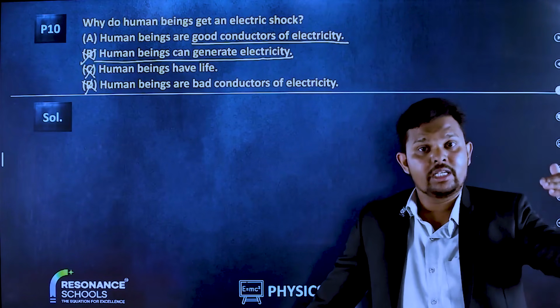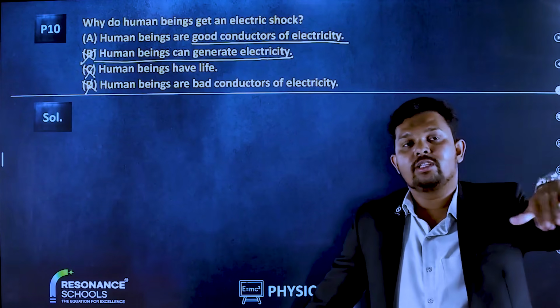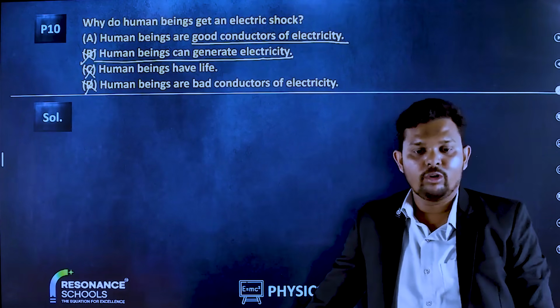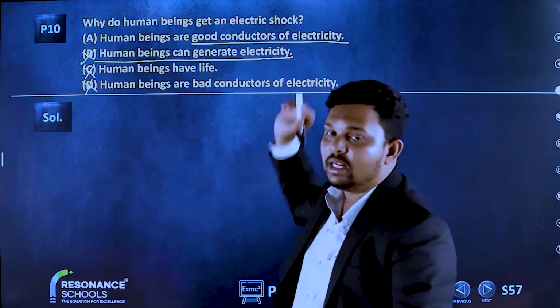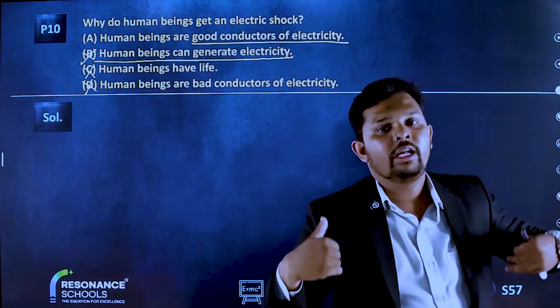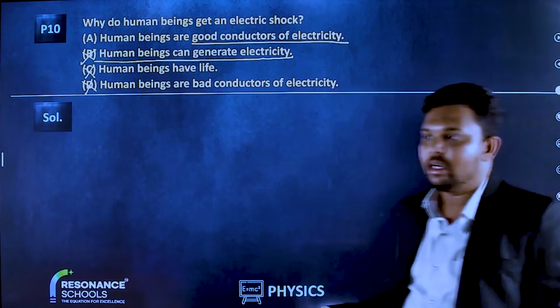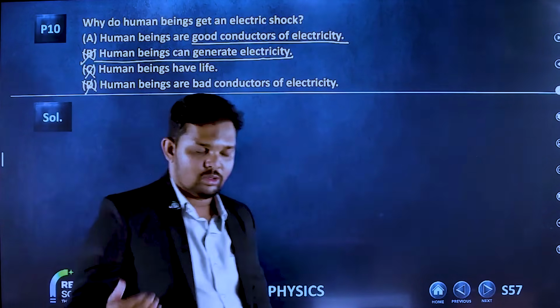The pigeons or the birds which sit on the electric wires won't get the electric shock. Here human beings are actually good conductors of electricity. The reason is that our body consists of blood, and blood consists of charges, electrons most precisely.